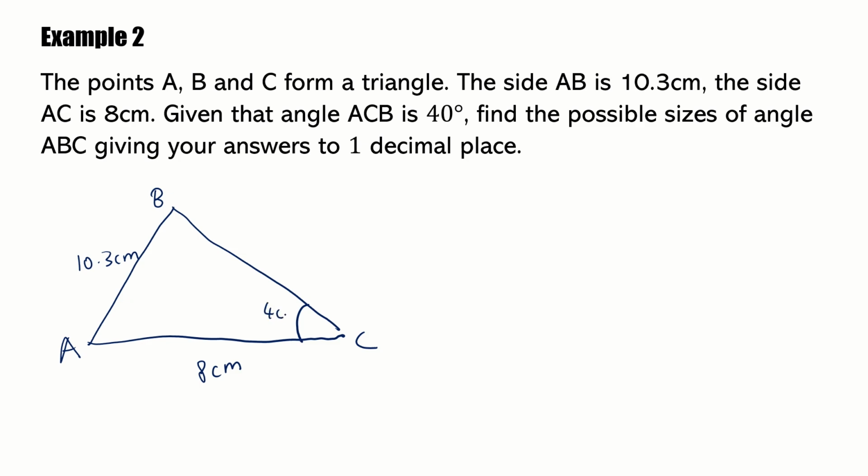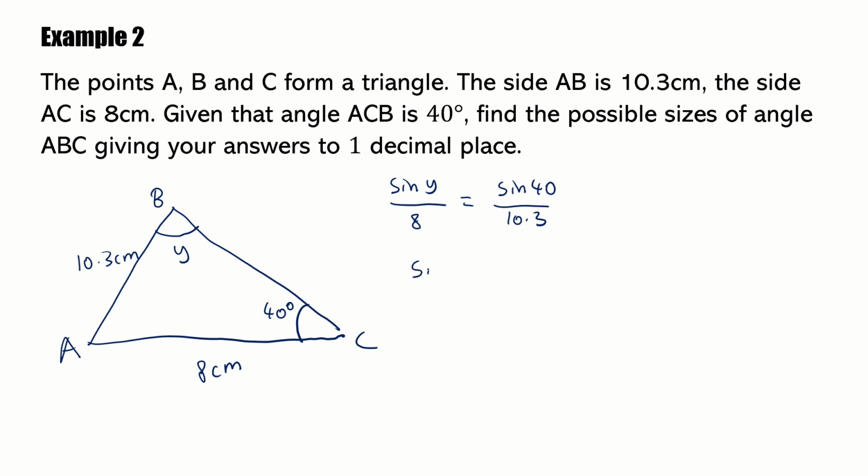Then we're trying to find the angle ABC, which is this angle up here. I'll call it Y this time, and so again, setting up the sine rule, we'll get sine of Y over 8 equals sine of 40 degrees over 10.3.